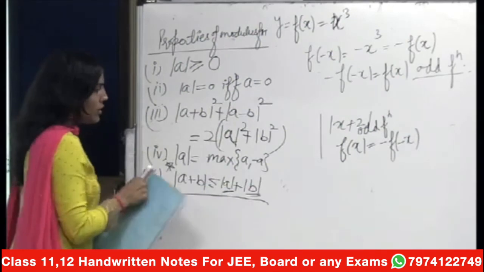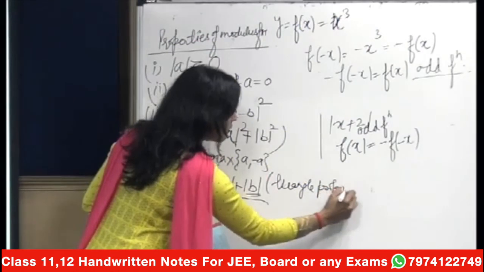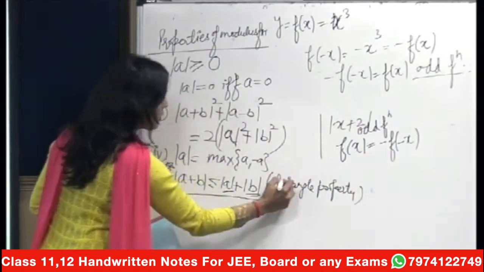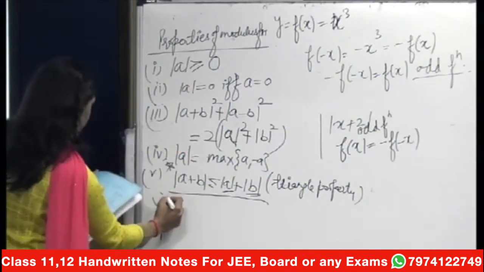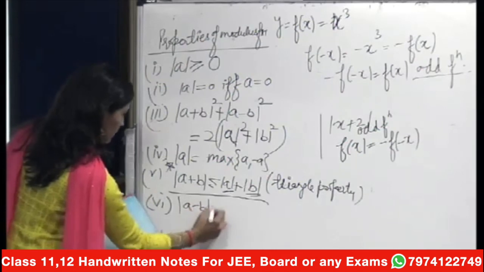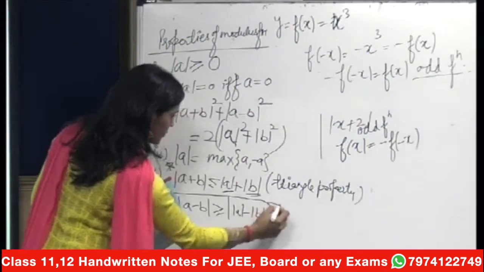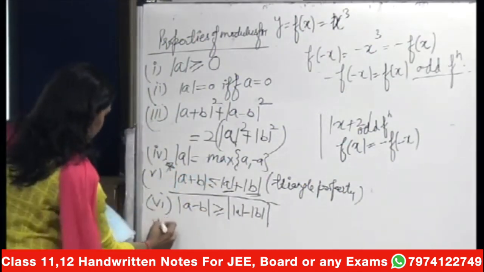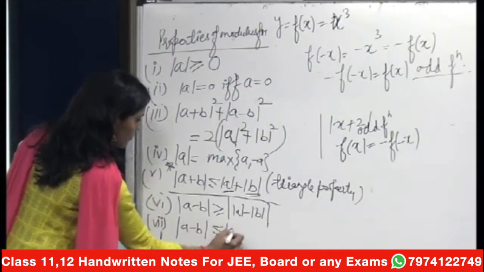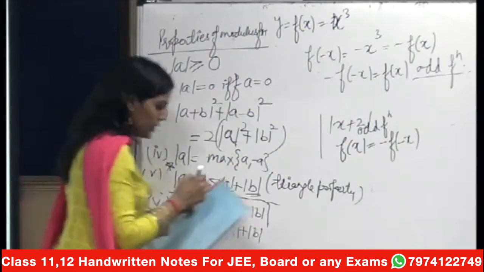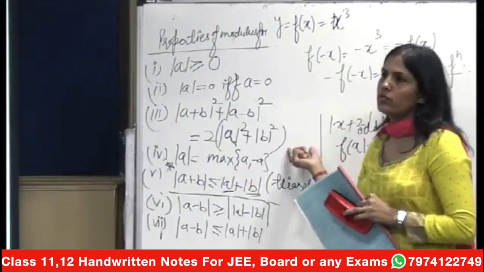This property we call the triangle property. Now two more properties you write down. These are the properties that the modulus function holds.